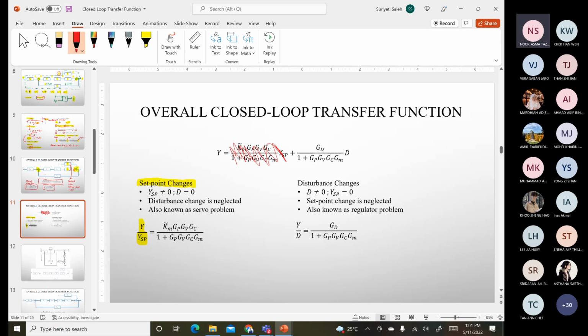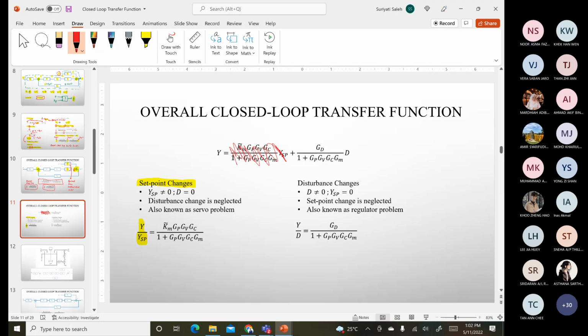The difference is, for set point changes, you change the set point. For example, in the case of level, initially you set 7 meters as your set point. After 5 hours, you want to change to 8 meters. This is what we call set point changes. For the disturbance changes, we see how your disturbance affects your process.